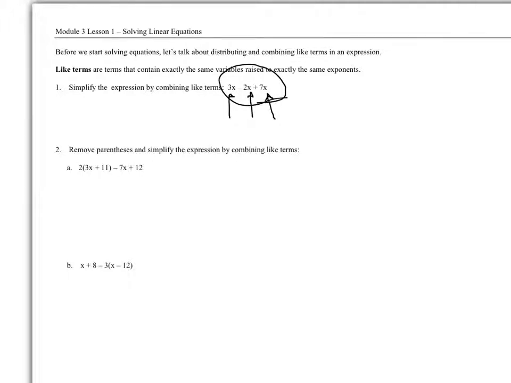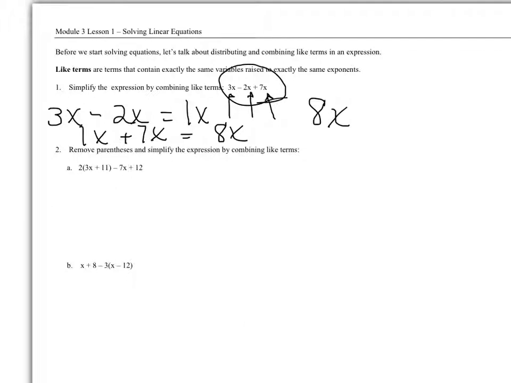So if I think about it in terms of pieces of paper with x written on it, I can say it's 3x, take away 2x, which is equal to 1x, and then whatever's left over, 1x, I'm going to add 7x to, and that's going to equal a total of 8x. So when we combine, we get 8x.